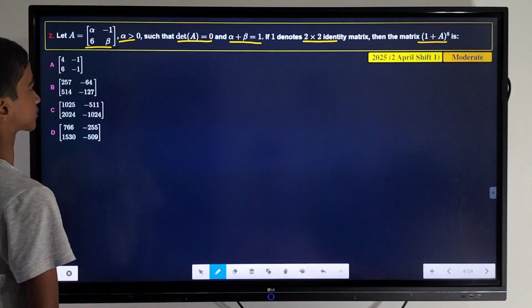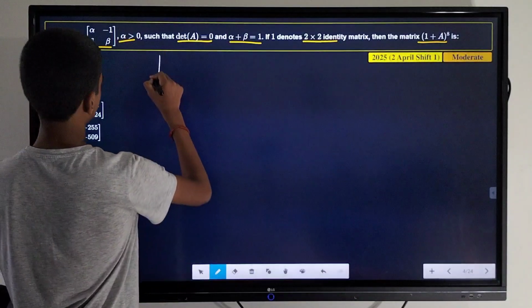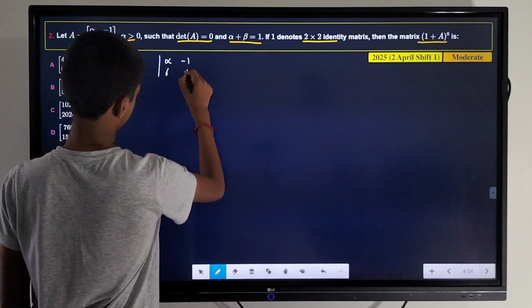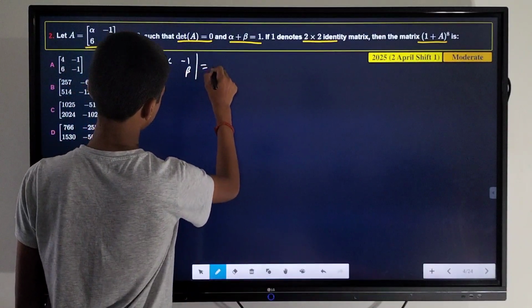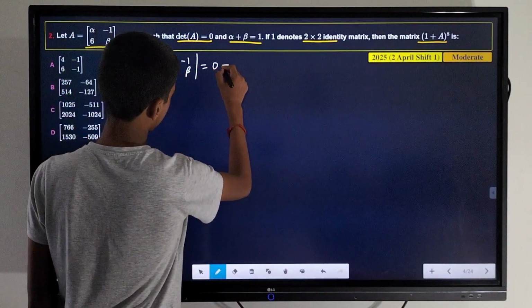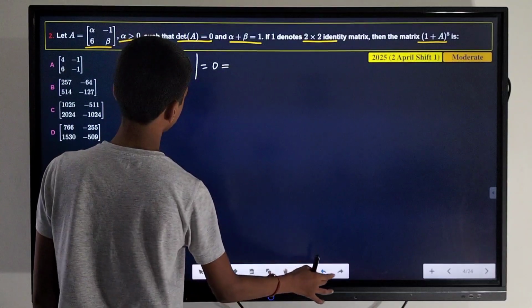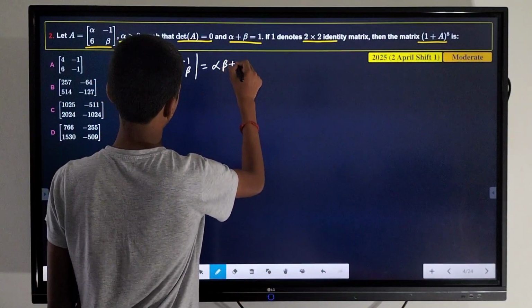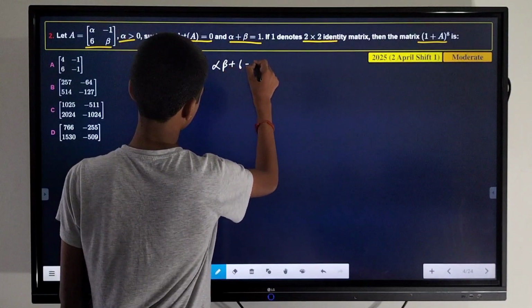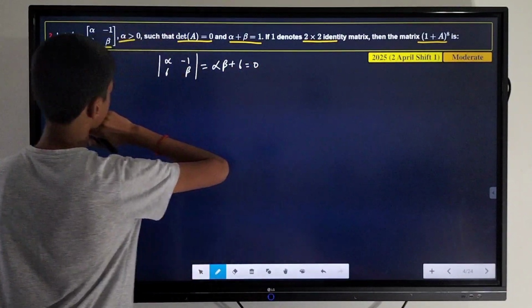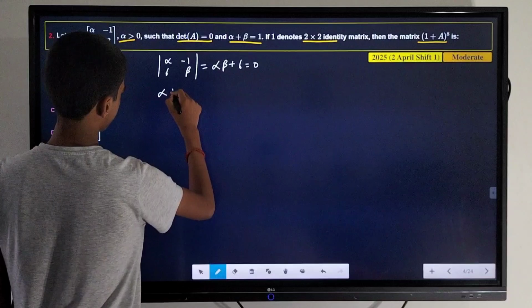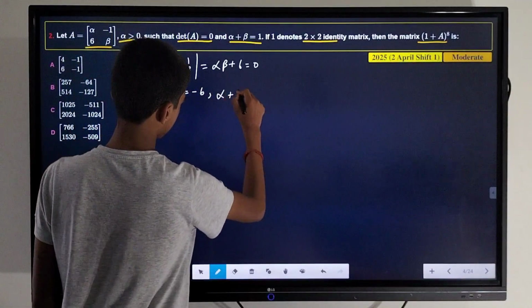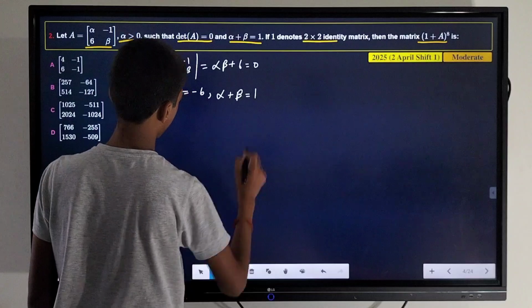So here in this question, determinant of alpha 6 minus 5 beta is equal to 0. From here this is equal to alpha beta plus 6 is equal to 0. So our alpha beta is equal to minus 6 and alpha plus beta is equal to 1.